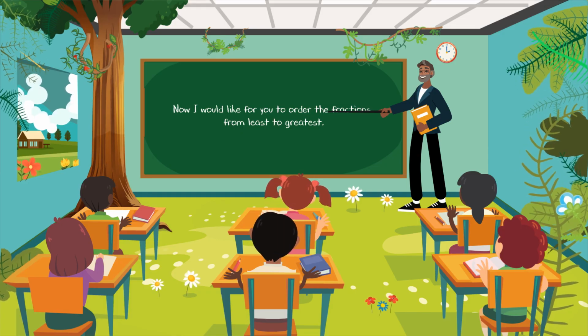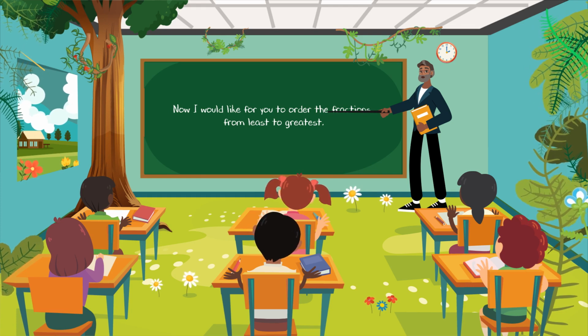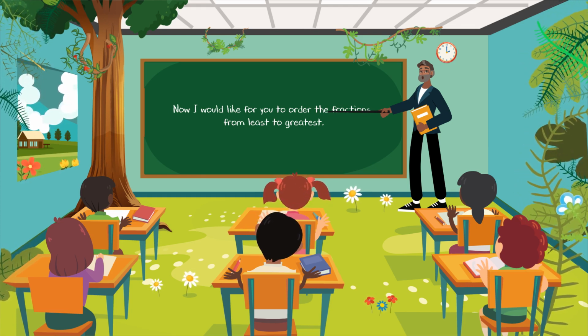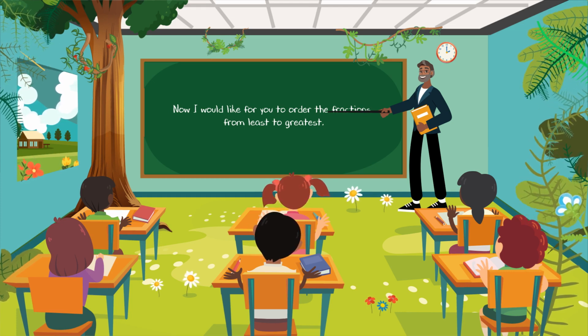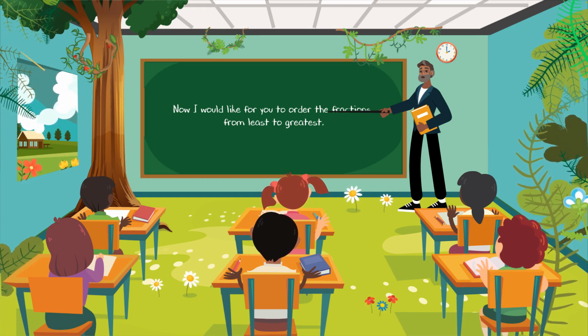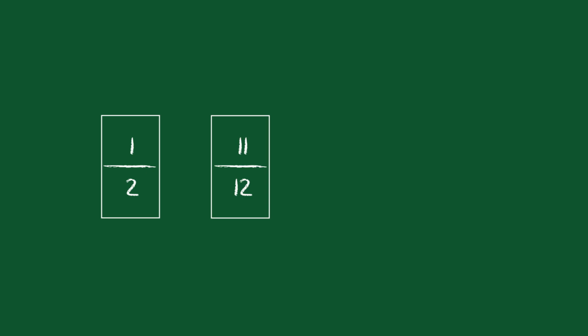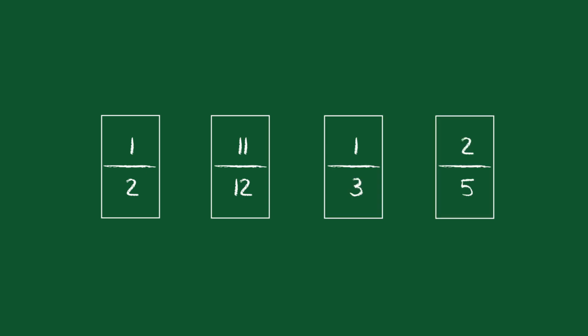Now, I would like for you to order the following fractions from least to greatest. Determine the least common denominator first, but don't be alarmed. We've done this before. You got this. First, look at 1/2, 11/12, 1/3, and 2/5.